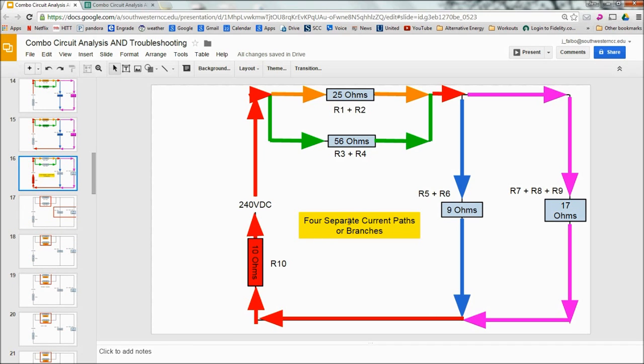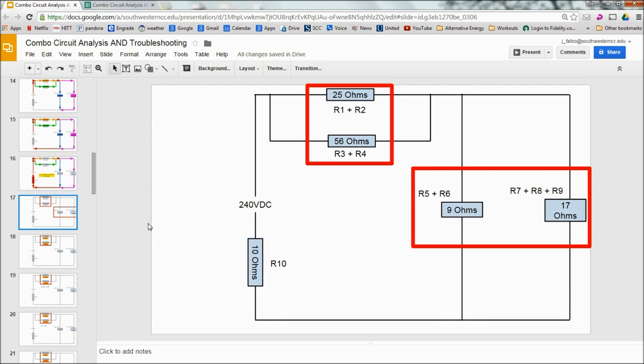So we can count 4 separate current paths or branches. We don't count our main or total current. We're just looking at where does that current split and then recombine. So we have 4 separate colors representing that. So now that I'm able to identify where that current splits and recombines, that lets me identify each of my parallel circuits. So in the red boxes, I have identified 2 separate parallel circuits.